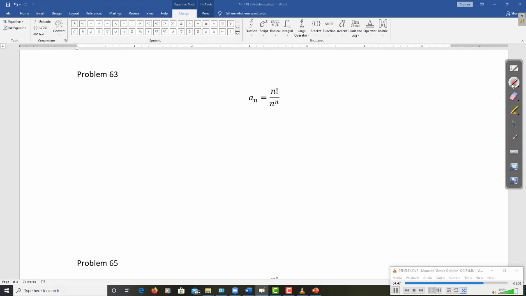This is going to take a little bit more thought involved in it. But let's investigate what this looks like. This is n times n minus 1 times n minus 2 times n minus 3 times dot dot dot times 3 times 2 times 1. And then, so we have n of these.